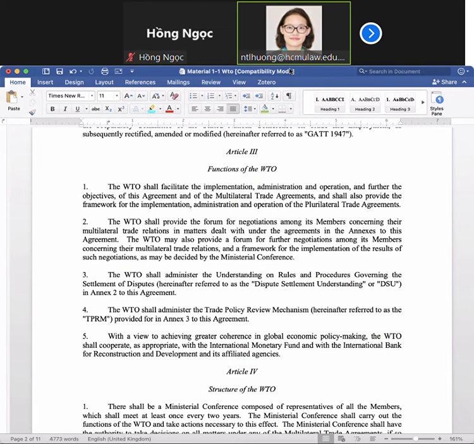We never know what they discuss behind the scenes in different discussions. We have no idea about that, but normally they will try to cooperate, to discuss how to enhance the trade flow around the world. And so these are the 5 main functions of the system.